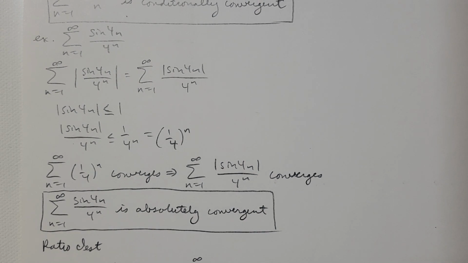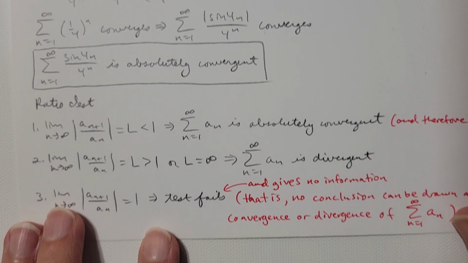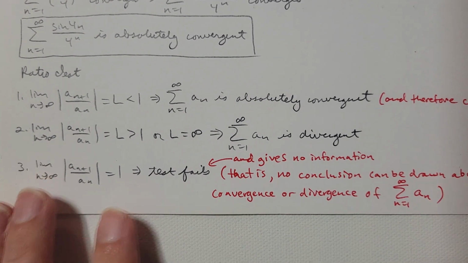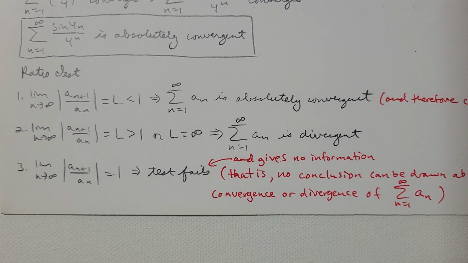Okay. Now, the next thing that we're going to talk about is the ratio test. The ratio test is super, super important. We're going to be doing lots of things with the ratio test over the next 3 sections. You've got to know that one. So with the ratio test, one of 3 things is going to happen.